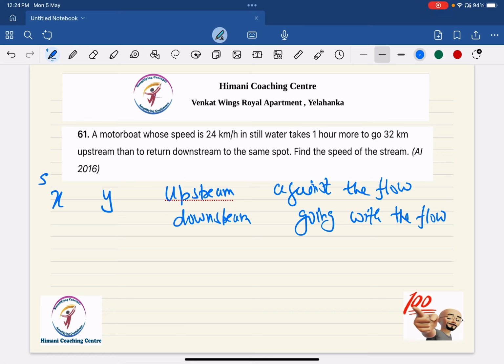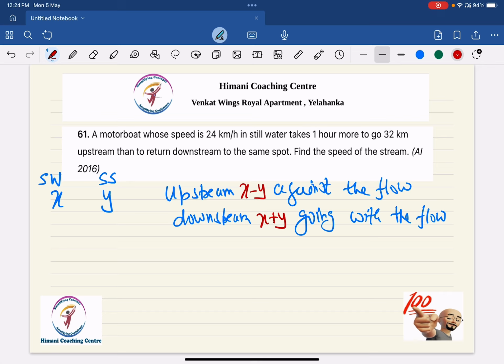So if the speed of boat in still water is x kilometer per hour while the stream is flowing at y kilometer per hour, in upstream the speed would be x minus y because the boat or the ship is traveling against the flow. While in case of downstream, the total speed would be x plus y kilometer per hour. So this is a concept which you have to keep in mind.